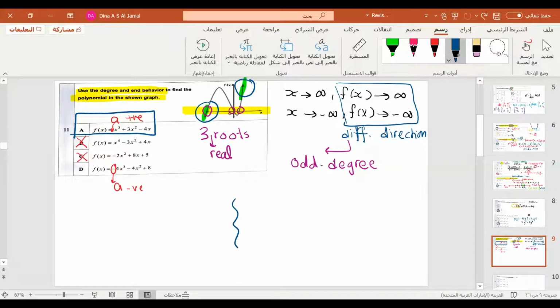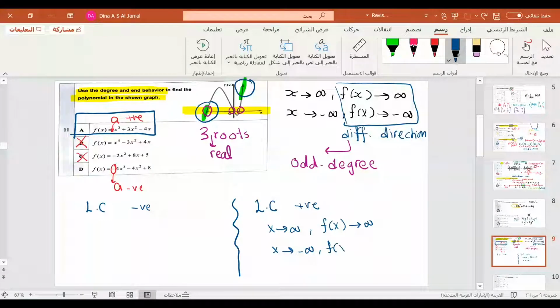So let's compare the effect of a negative leading coefficient and a positive leading coefficient here. What will happen when the leading coefficient is negative, and what will happen when it is positive? And this is for the odd degree. So when it is positive, it will be like this. As x goes to infinity, f of x goes to infinity. As x goes to minus infinity, f of x goes to minus infinity.